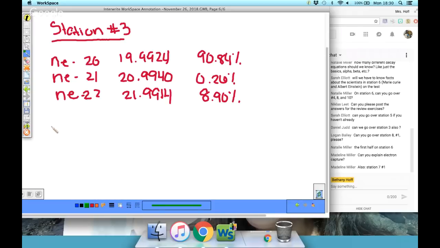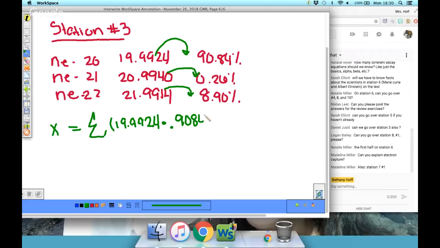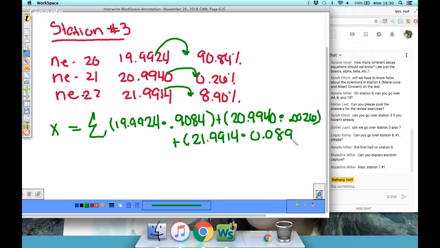We'll call this X for now, but it's going to equal the sum of each mass times its abundance. So it would be 19.9924 times, don't forget to change this into a decimal, 0.9084, plus 20.9940 times 0.0026, plus 21.9914 times 0.0890.